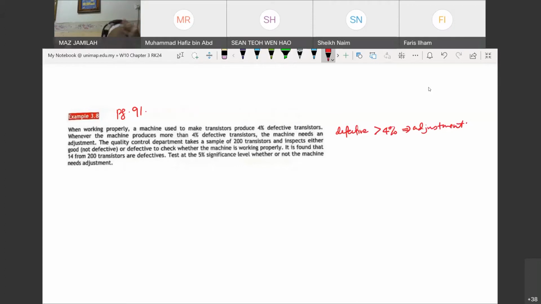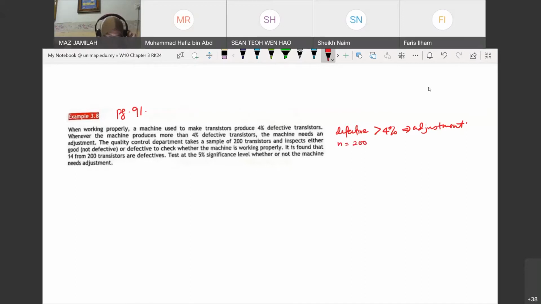The quality control department takes a sample of 200, so we know n is 200, and inspects each transistor as either good or defective to check whether the machine is working properly.